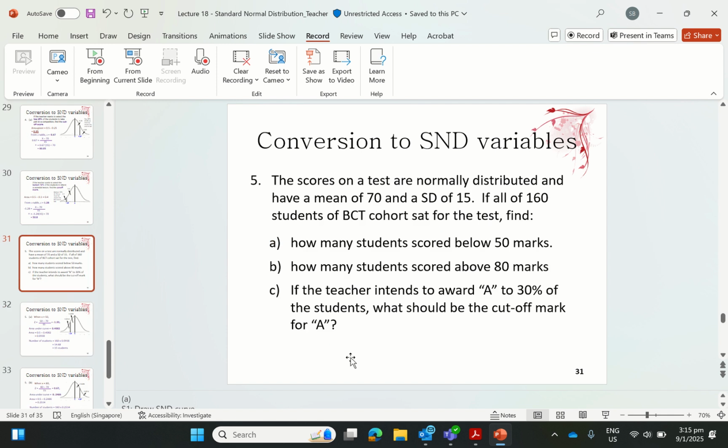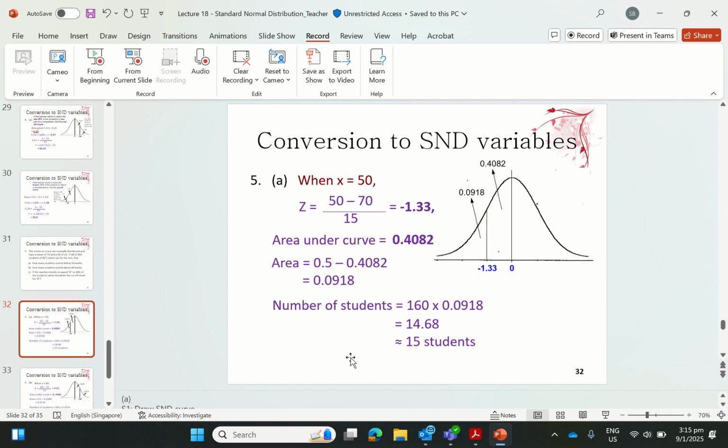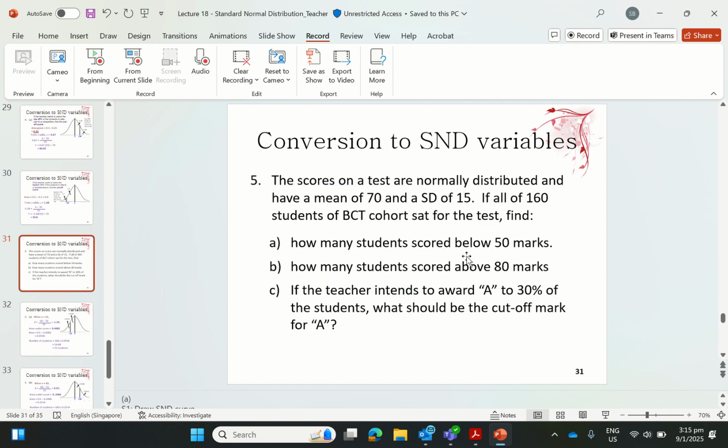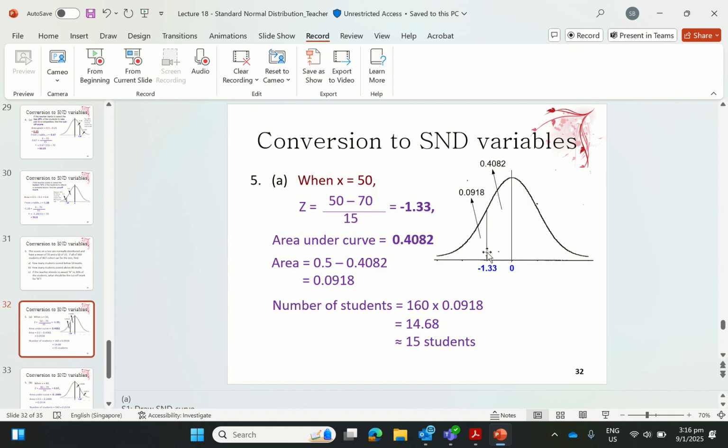So same thing here again, I'm just playing with the values. What's the question? Below 50. So below 50 is here. And they give you how many students score below 50. So you find the area of 50 minus 70 divided by 15. You get a Z of 1.33. Find the area, which is 0.4082.